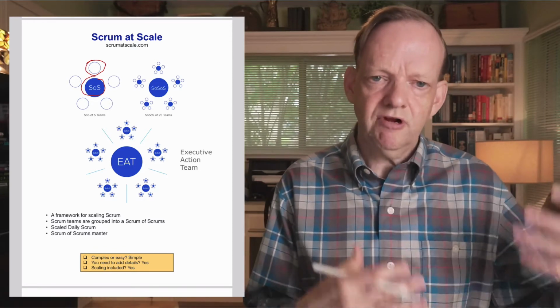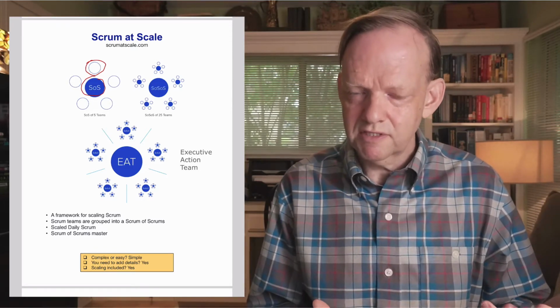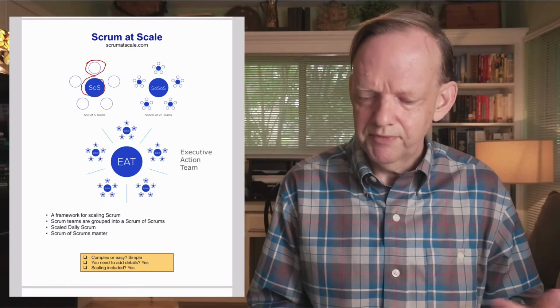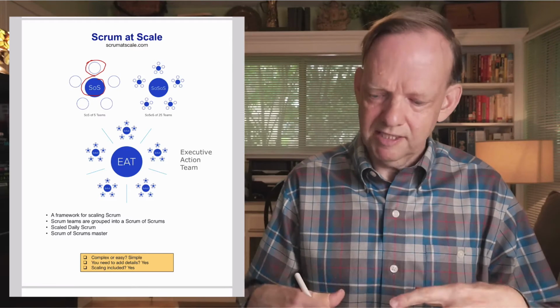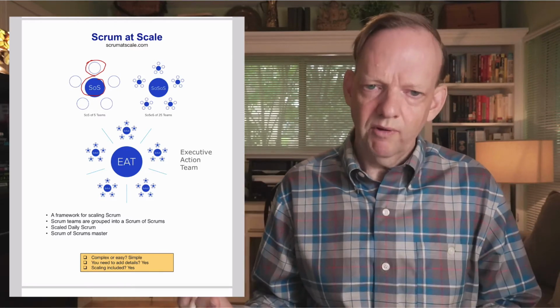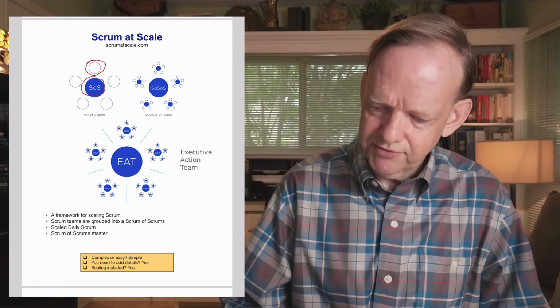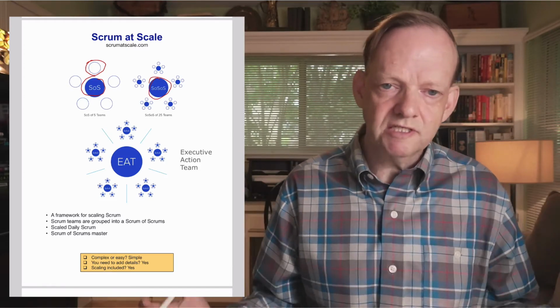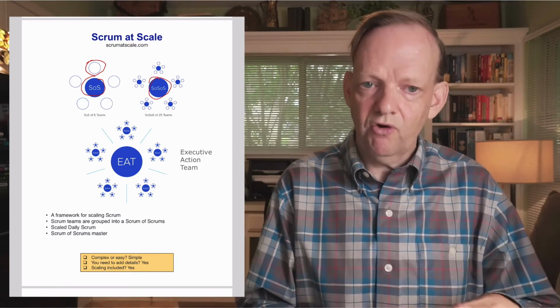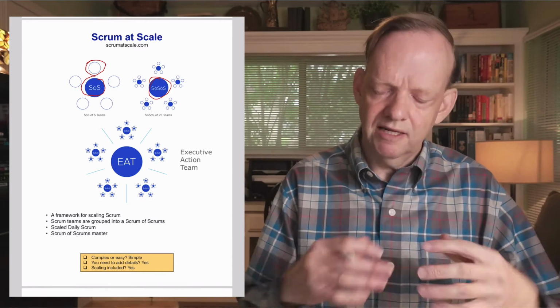So as Scrum team members will coordinate themselves through Scrum activities, then Scrum teams will coordinate themselves with the same Scrum activities. And then you could take it one step further, like Scrum of Scrums, where all the Scrum teams have a representative and they're going to work together to coordinate themselves, and that happens again at one high level.